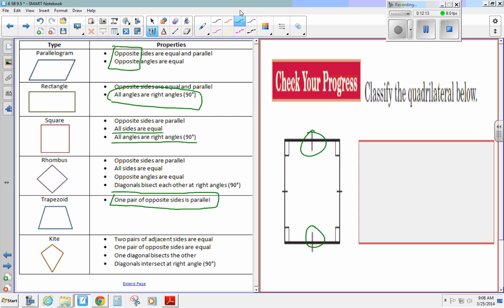Opposite sides are the same. They aren't all the same, but just the opposites are. And all of the angles here are 90 degrees. So opposites are the same. All the opposites are parallel. Angles are 90 degrees. This is a rectangle.